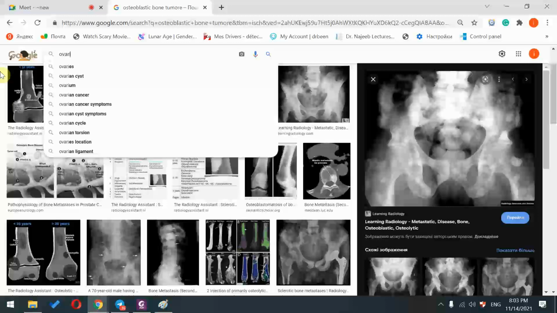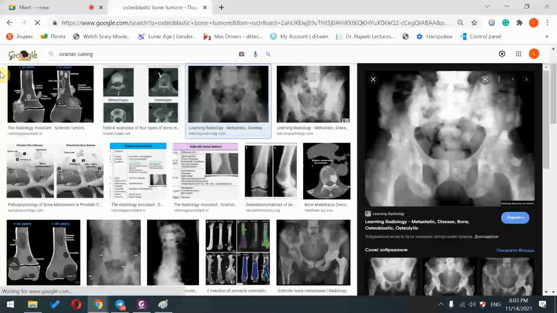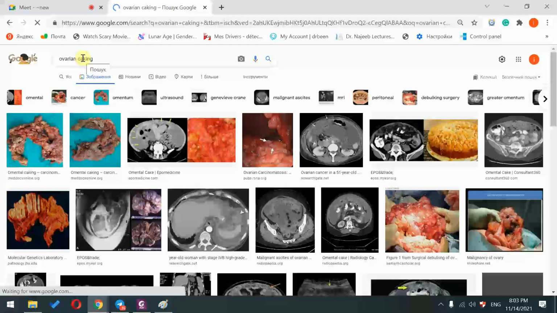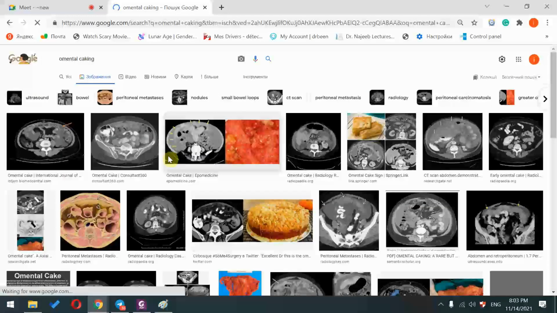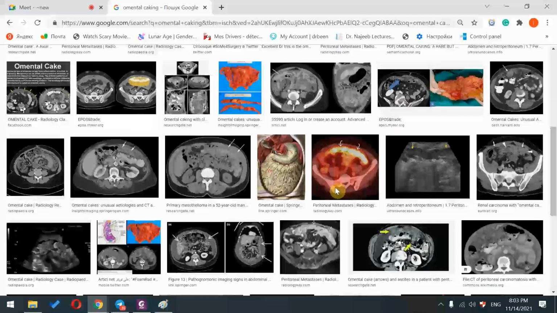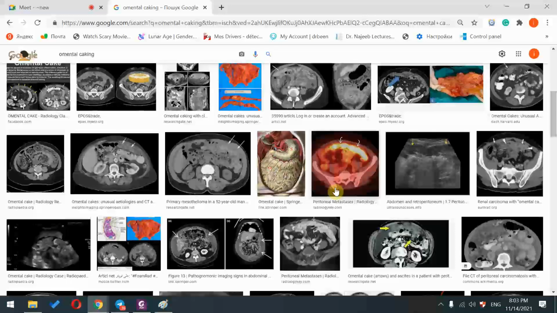Ovarian omental caking. Okay, some people with ovarian cancer can have a spread to the peritoneum, and when it spreads to the peritoneum, it spreads by seeding, in which the tumor just directly goes inside of the peritoneum from the ovary and spreads all over the place.